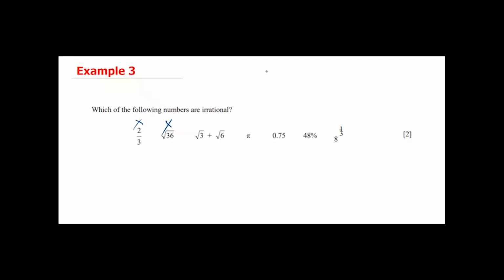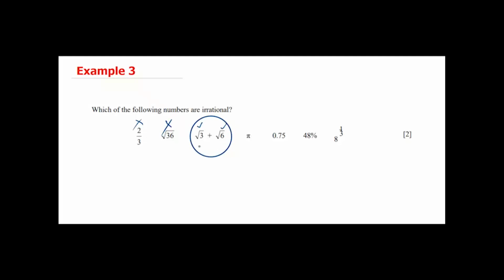When you are adding two irrational numbers, the result may or may not be an irrational number. Look at it now. We have root 3 here. It is an irrational number. And here we have root 6. It is also an irrational number. So if we add these two together, it will give us an irrational number. So I can circle this.